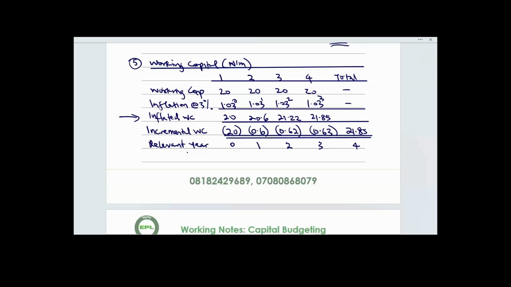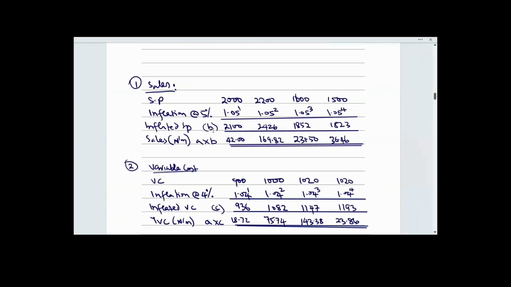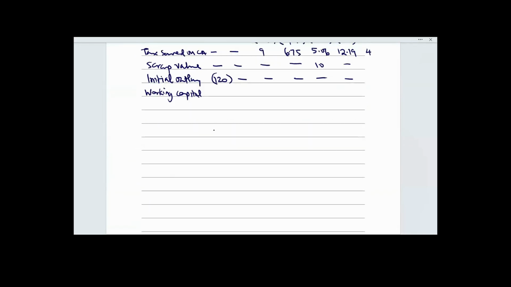I will then go and post. I have 20 million, 0.6, 0.62, then 0.63. Okay, let's go and post. Working capital, the first year 0 is 20, 0.6, 0.62, 0.63.